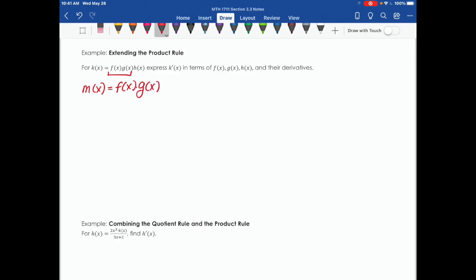Let's call it m of x. I'm going to say let m of x be f of x times g of x. Then we would have that m prime of x is going to be f prime of x times g of x plus g prime of x times f of x using the product rule.